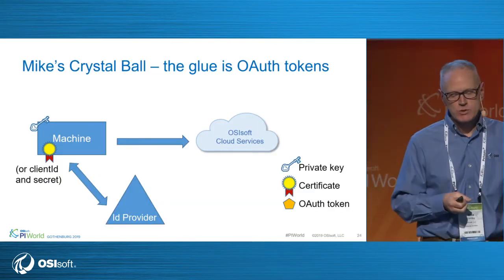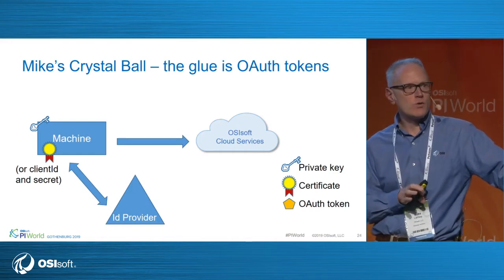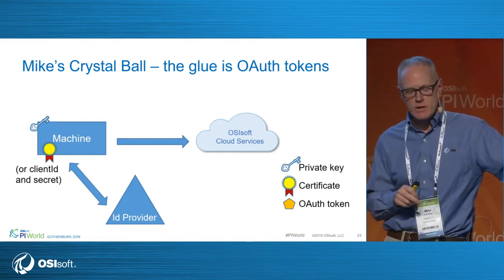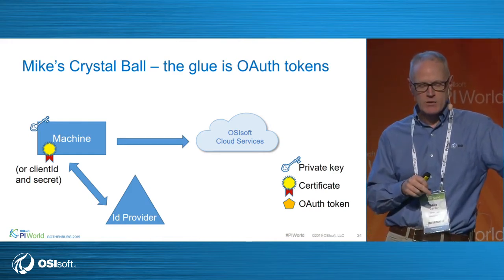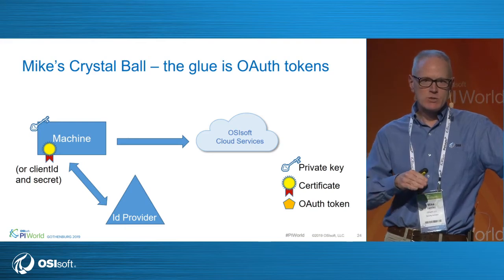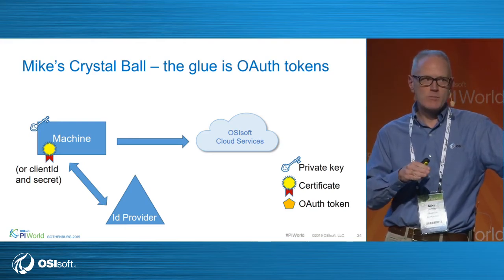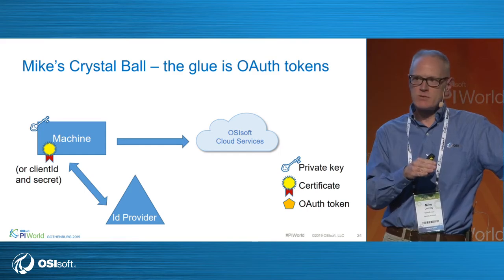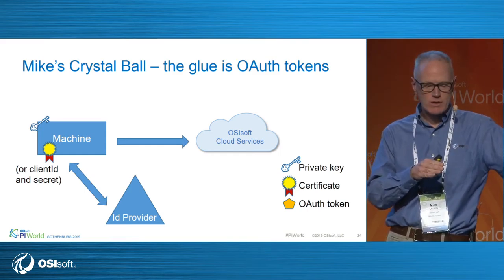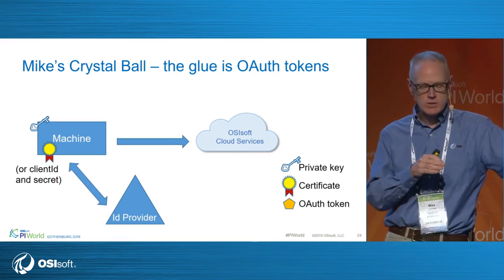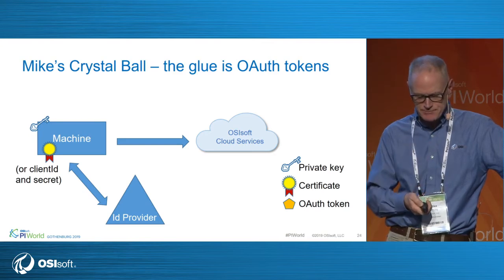And how we will do this, and this is an overview of how OAuth tokens work, is that we're able to architect to use OAuth tokens and support both the standards compliant way of doing client ID and secret, and also certificate-based authentication.